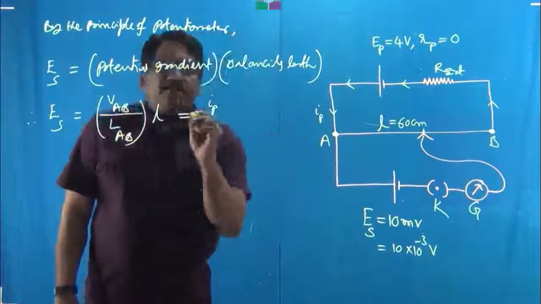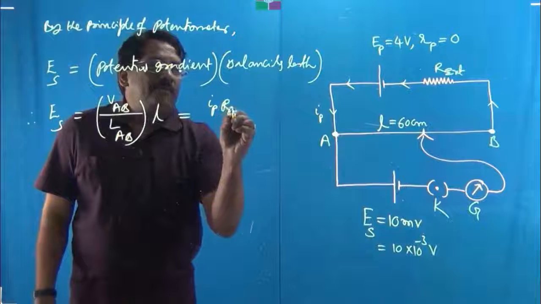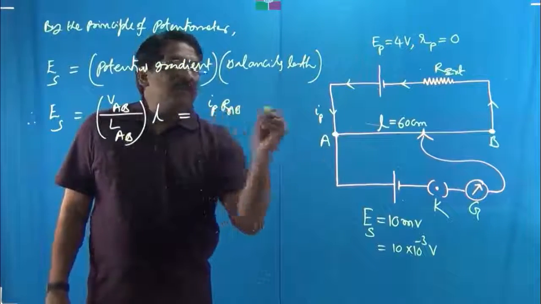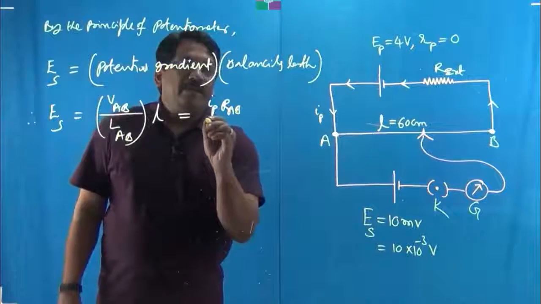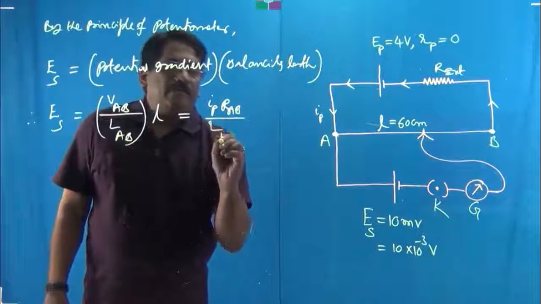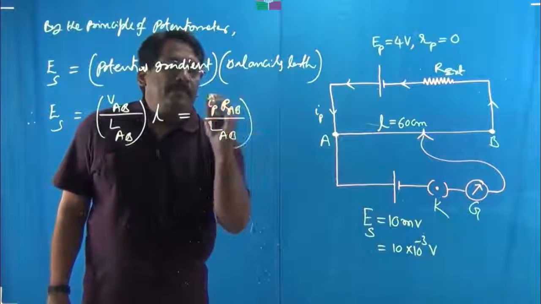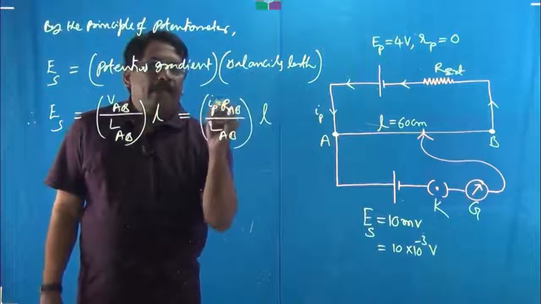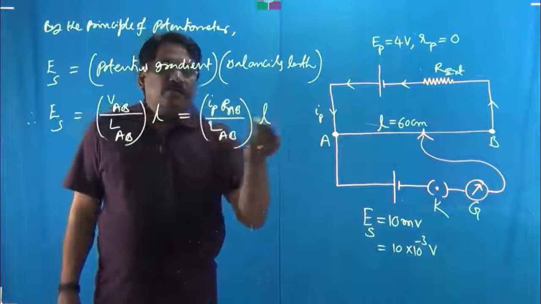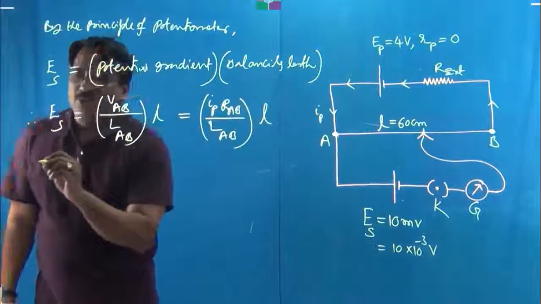So I primary into R of AB will give us V across AB, the potential difference along AB, divided by L of AB into balancing length. Here I primary we can write now in a more elaborated way as follows.